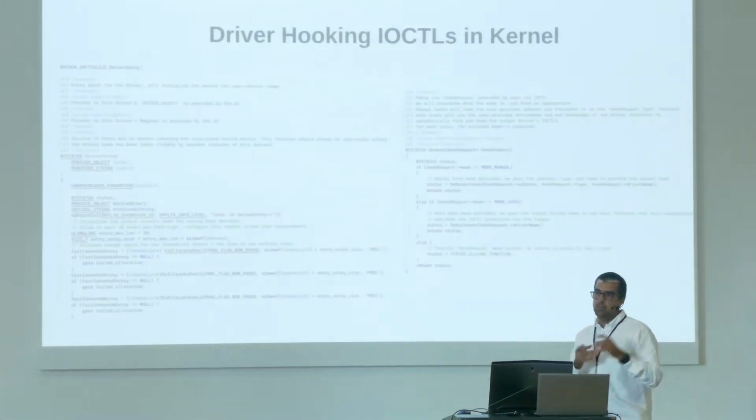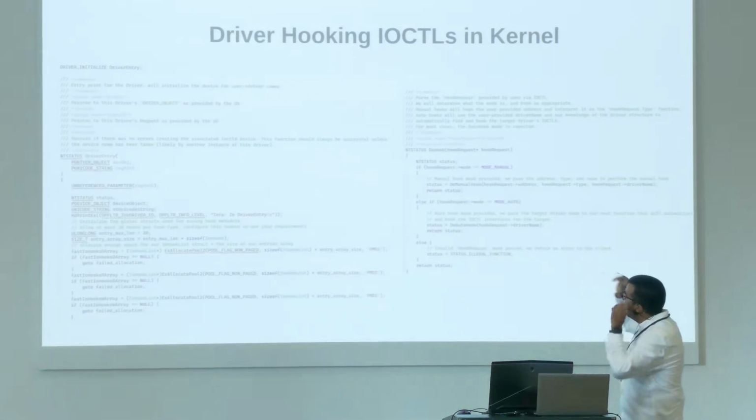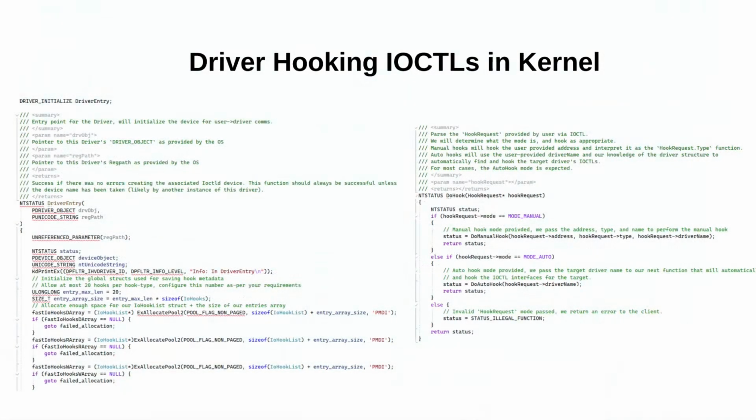So I made a tool, and I'm going to give you that tool. That tool goes on top of IOCTL Plus, and I improved it by using a driver hooker. What I mentioned is you have the driver, and then you have the dispatcher, and you can find the IOCTL codes by reversing the driver.